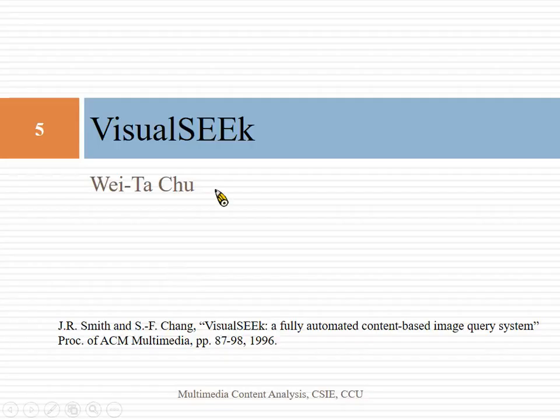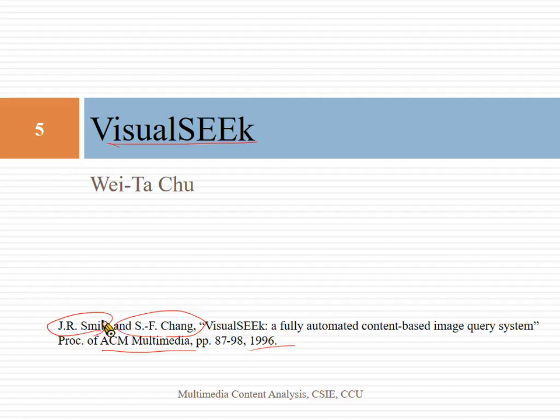Let's look at one typical example of research about CBIR. We will introduce the VisualSEEK system. The VisualSEEK system was published in 1999 at ACM Multimedia, and you can see the authors. One of the authors is Professor Shih-Fu Chang, and this is another famous researcher, J.R. Smith.